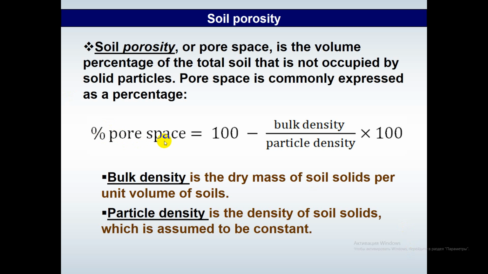Percentage of pore space equals 100 minus bulk density divided by particle density, multiplied by 100, where bulk density is the dry mass of soil solids per unit volume of soils. Particle density is the density of soil solids, which is assumed to be constant.